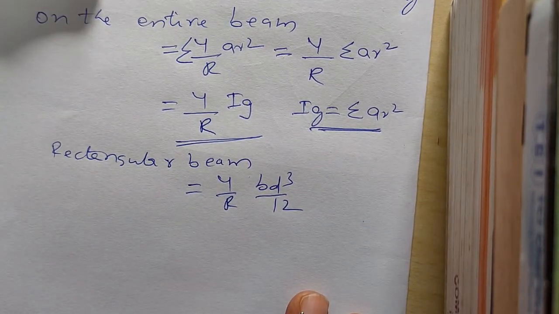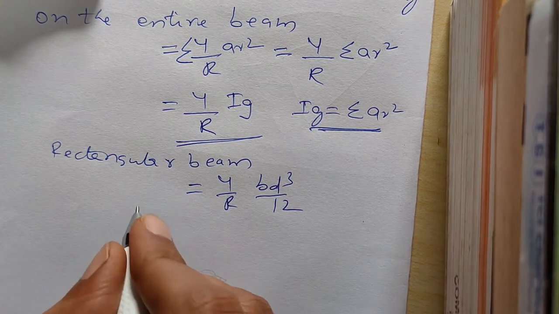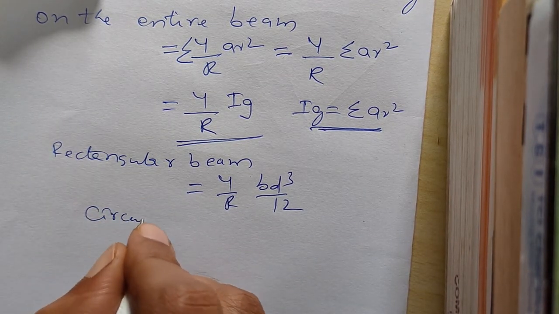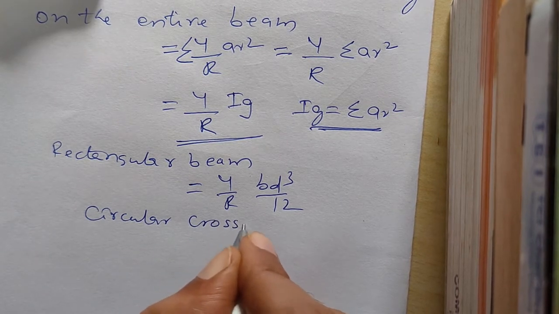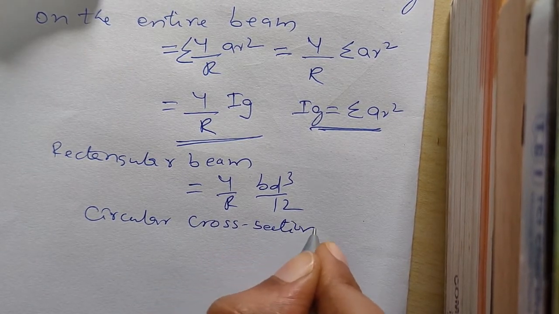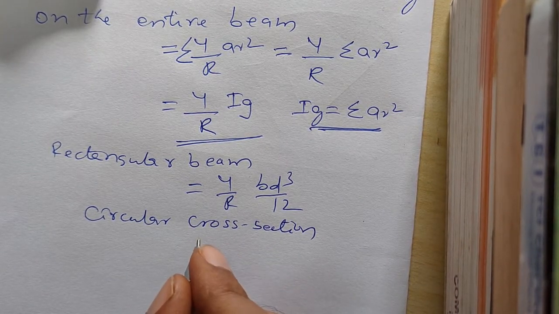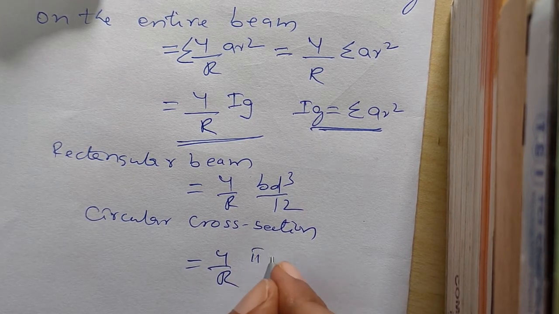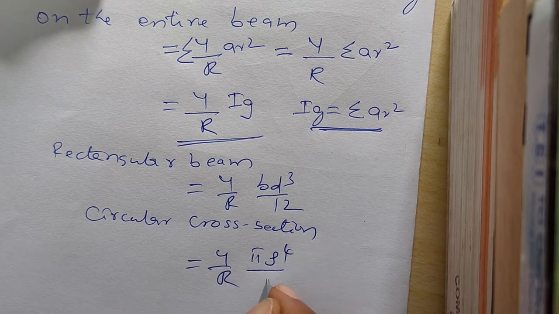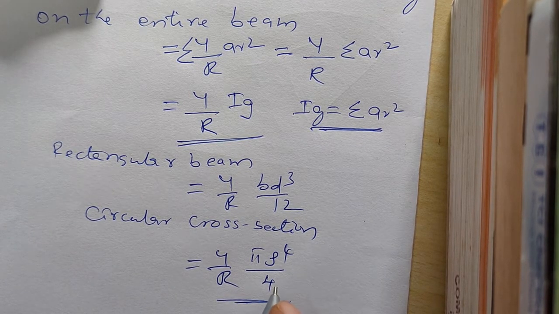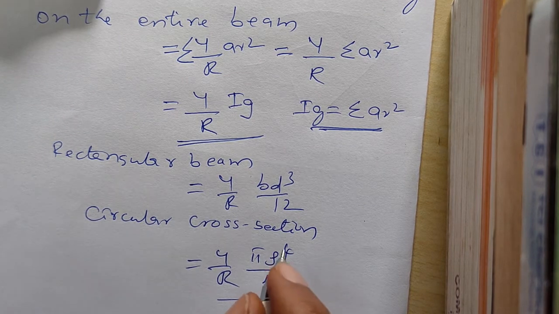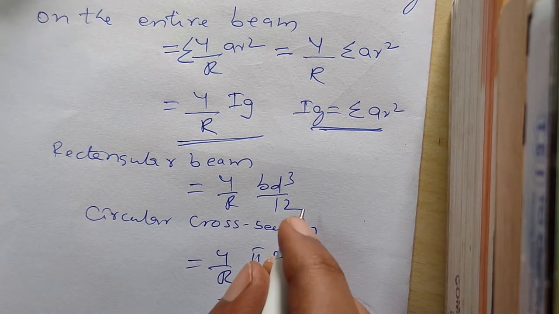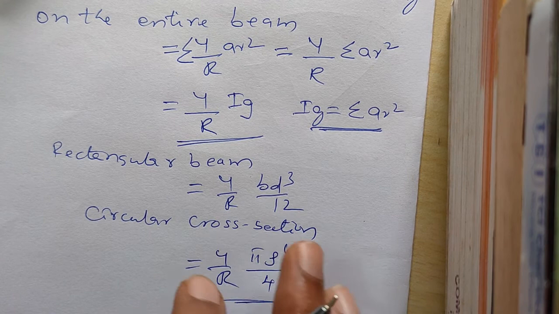And for a beam with circular cross section, the moment of the force is equal to Y by R into pi rho to the power 4 divided by 4, where rho is the radius of the beam. So this is about the moment of the force, or the bending moment of a beam.